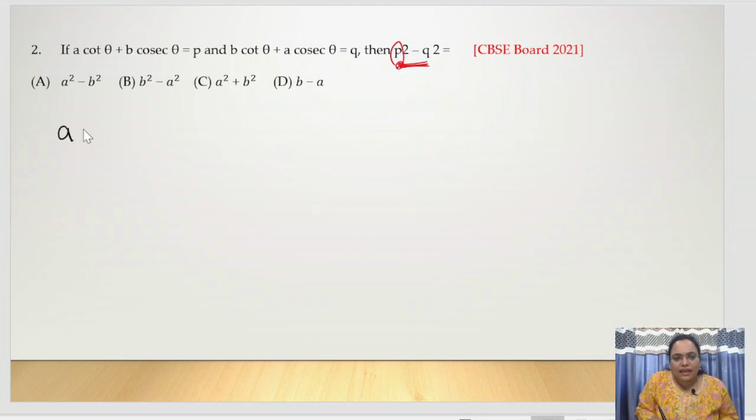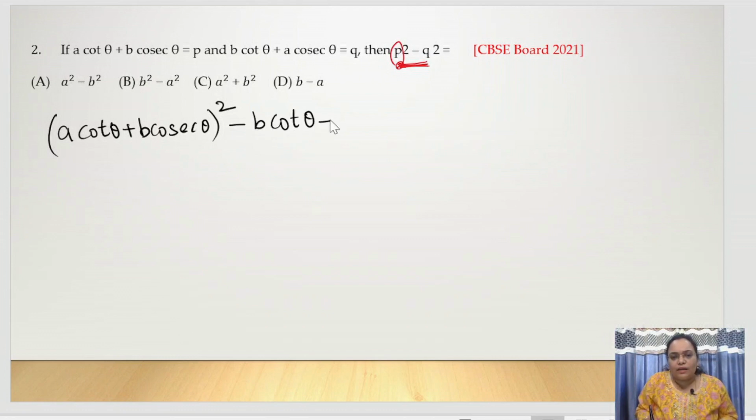P is A cot theta plus B cosecant theta whole square. We are doing P square. Minus Q is B cot theta plus A cosecant theta whole square.